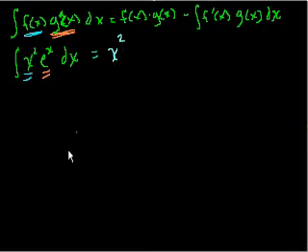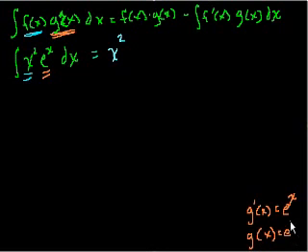And g of x, now don't get confused, we're saying g prime of x, let me write it in a little corner down here, is equal to e to the x. And of course, if g prime of x is equal to e to the x, then g of x is also equal to e to the x. I don't want you to think that I'm somehow putting g prime of x here.